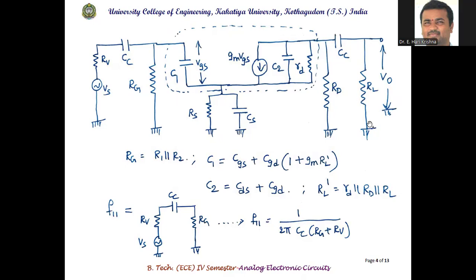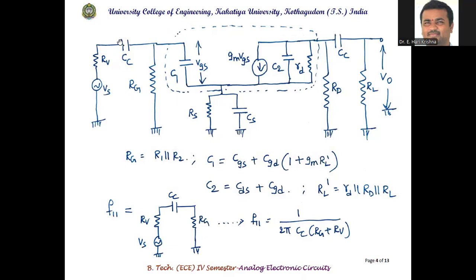Here I want to show a different analysis. First we'll consider the effect of the coupling capacitor at the input side. The equivalent circuit is RV, coupling capacitor, with RG. From this, I'll calculate F11, the cutoff frequency.